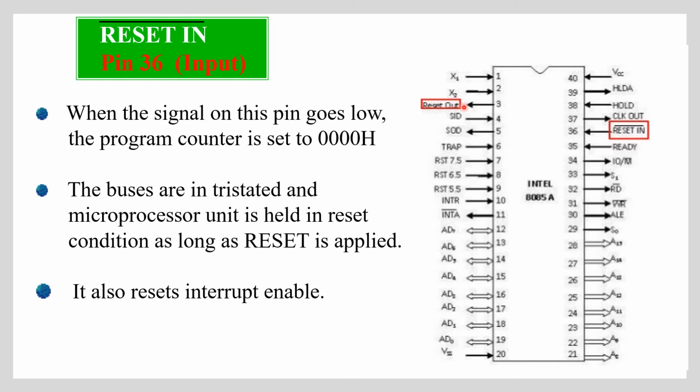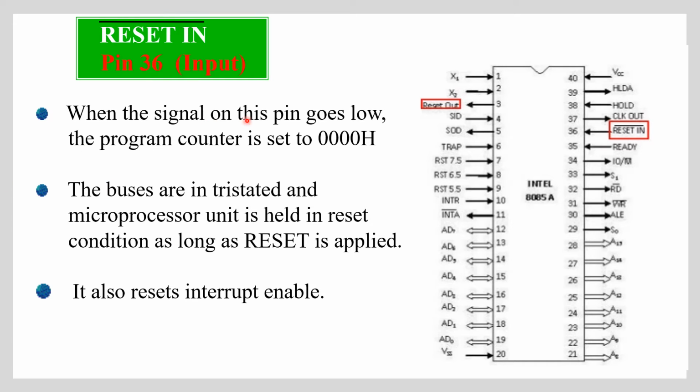So whenever you press the reset button, or control or delete from the keyboard, this becomes low and the microprocessor resets, and the reset out signal is given to the peripheral devices to reset.